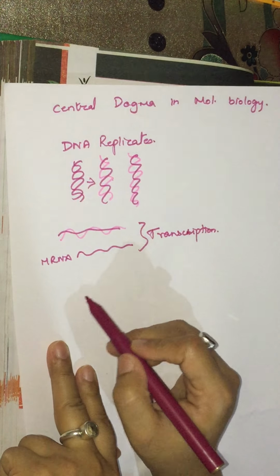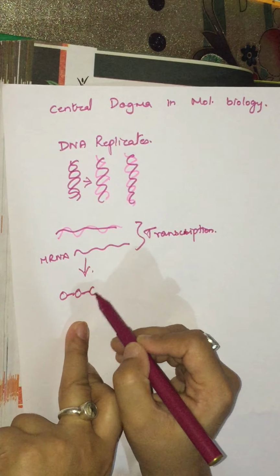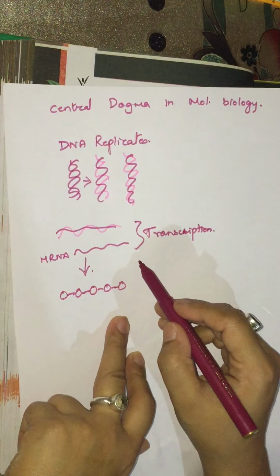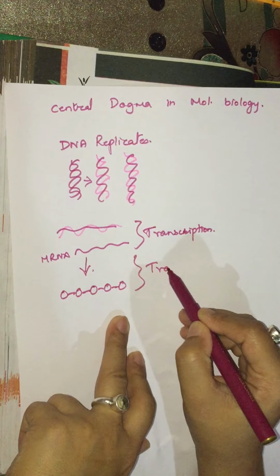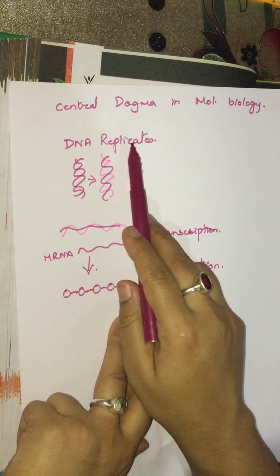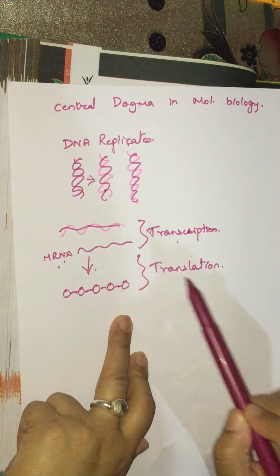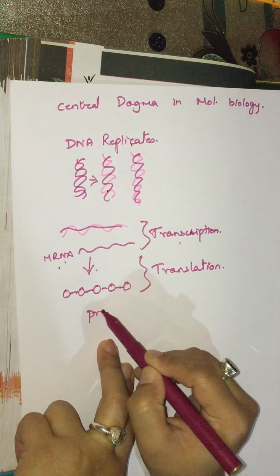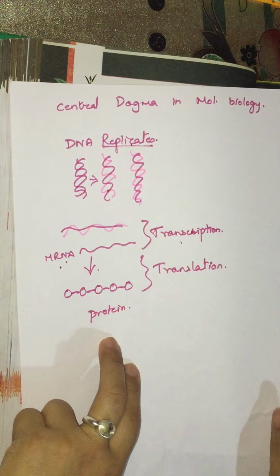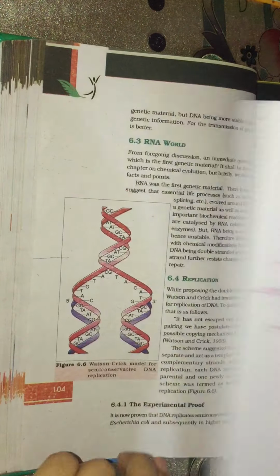Then mRNA is converted into a polypeptide chain, proteins, by the process called translation. So at first DNA replicates, then DNA is transcribed into mRNA, and mRNA gets translated into protein. Now we are doing replication first, when DNA just doubles before cell division.